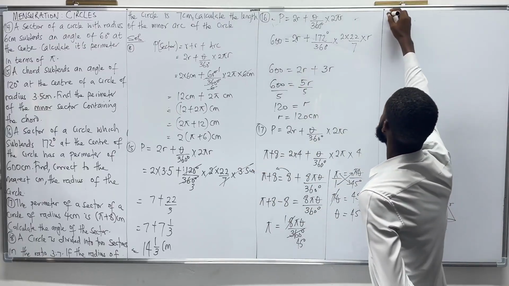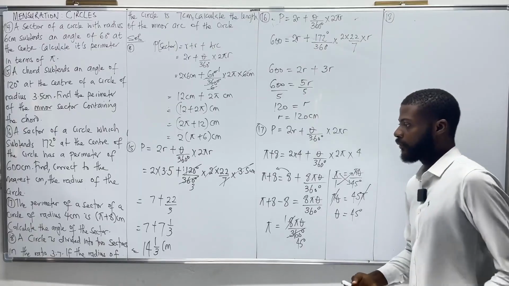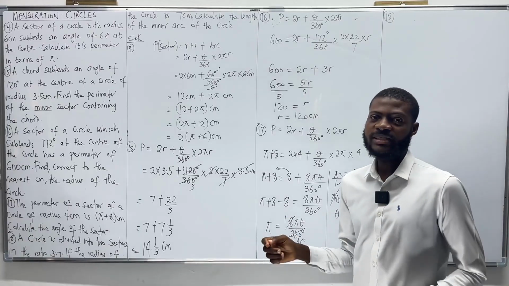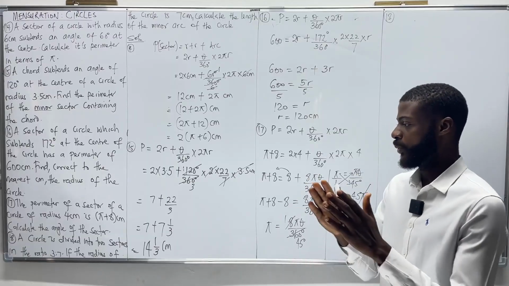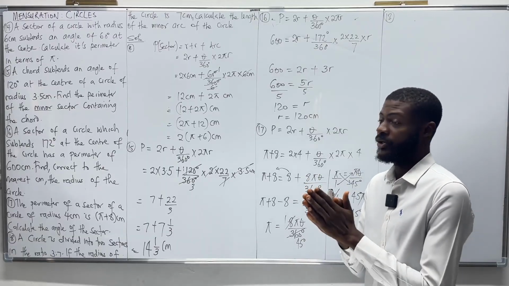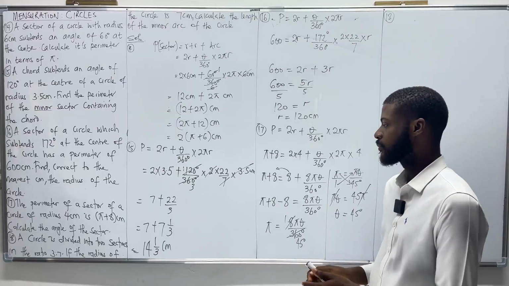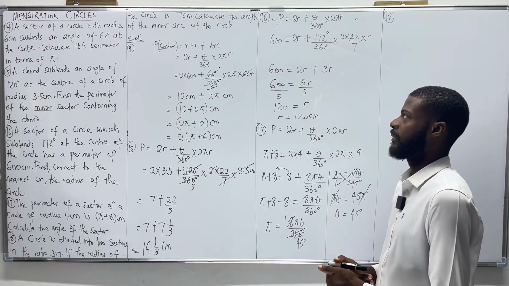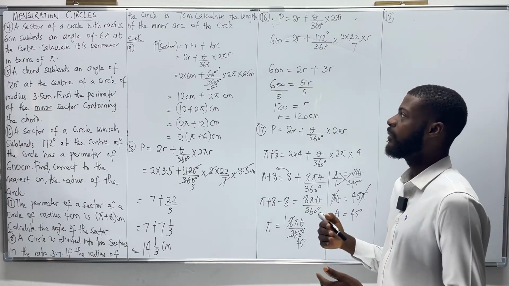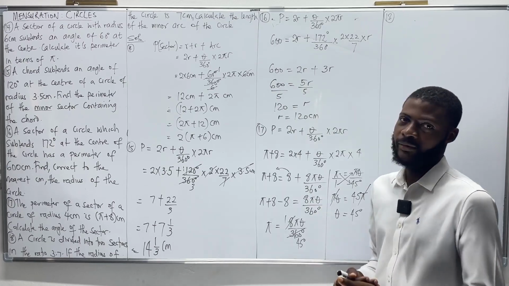Question 18. Question 18 says a circle is divided into 2 sectors in the ratio 3 is to 7. If the radius of the circle is 7 cm, calculate the length of the minor arc of the circle.